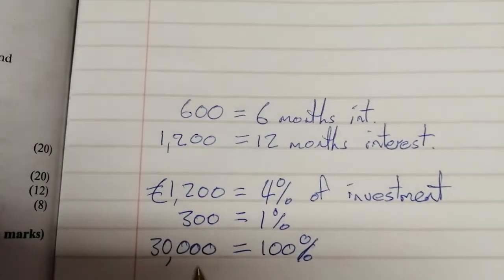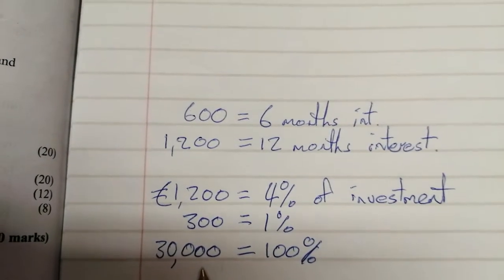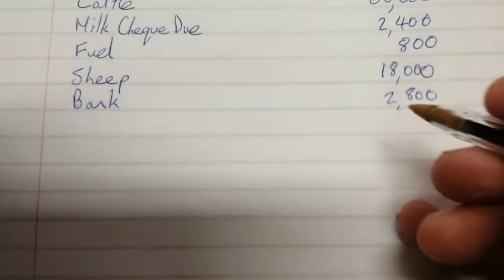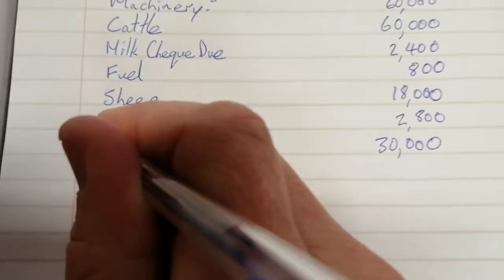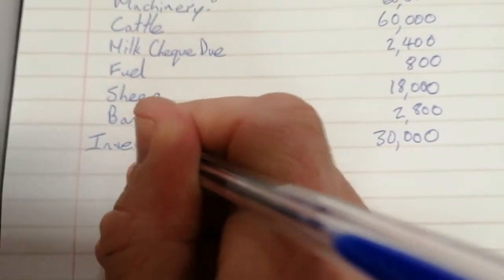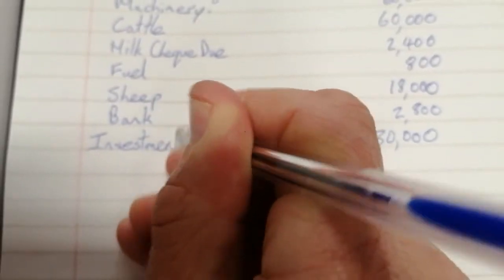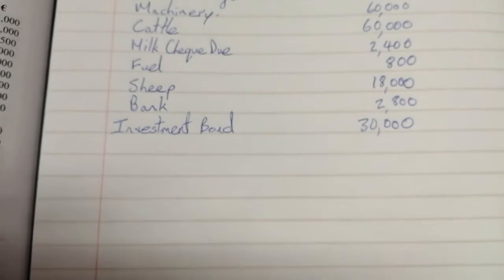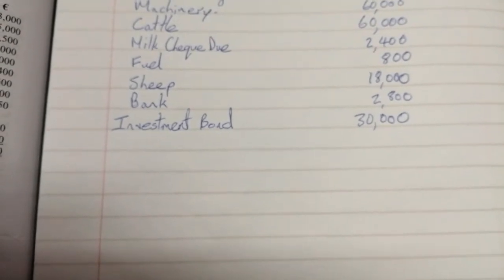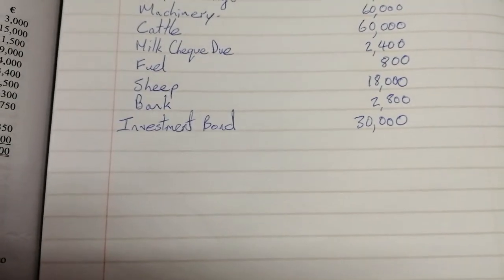Okay, so 30,000, you own an investment bond which cost you 30,000. That is an asset. We're going to put it in with the assets. And I'm going to stop right there, and in the next video we'll go through the liabilities.